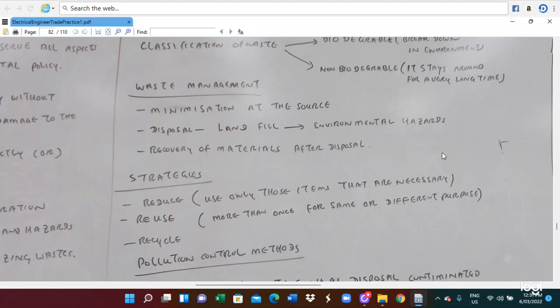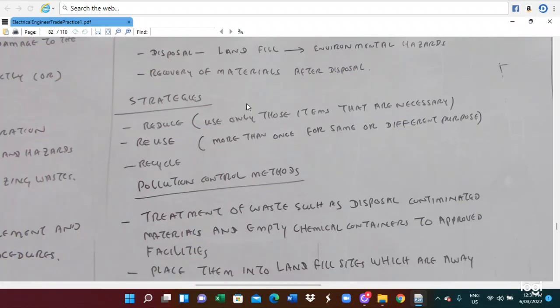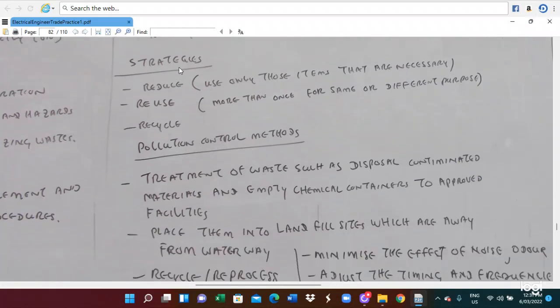So we are doing the waste management system. You have to minimize at the source, and the disposal landfill procedure must be regarded, and also recovery of material after the disposal. Therefore, we have to follow the appropriate strategy. We reduce items, only using an item when necessary.